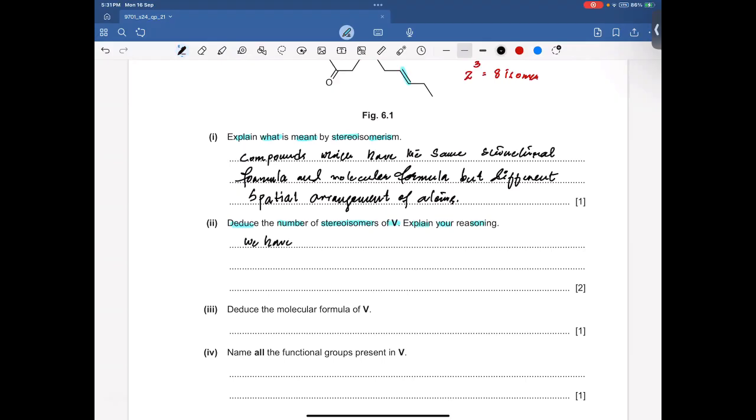We have 2 chiral carbons and 1 double bond between carbons.